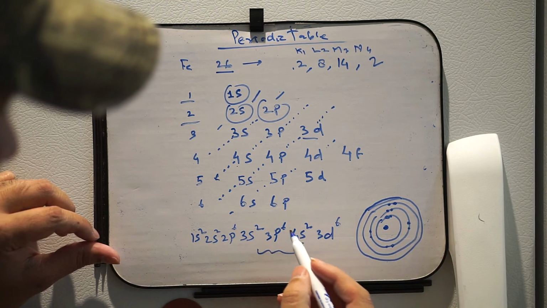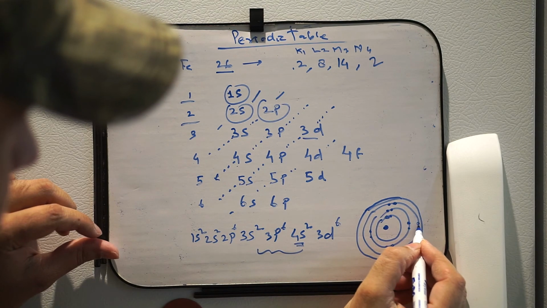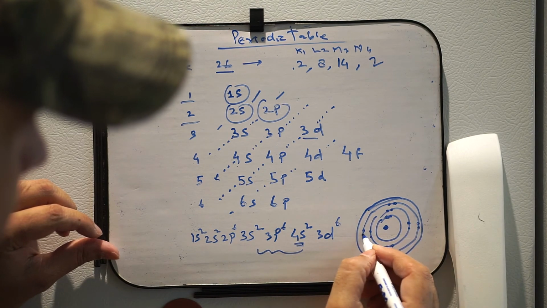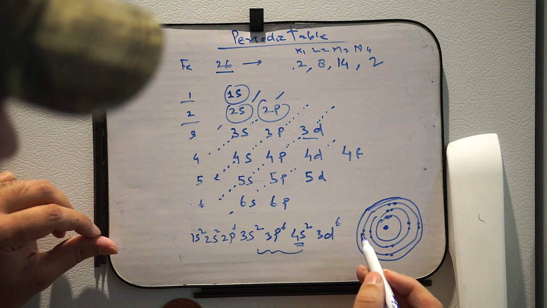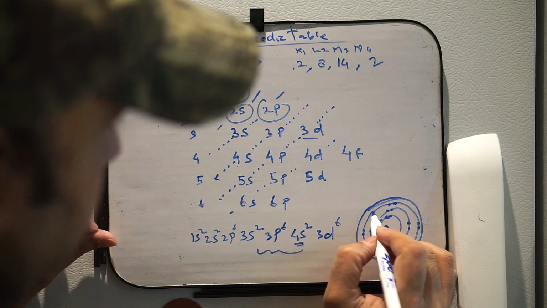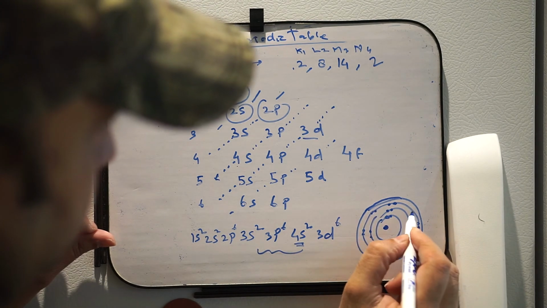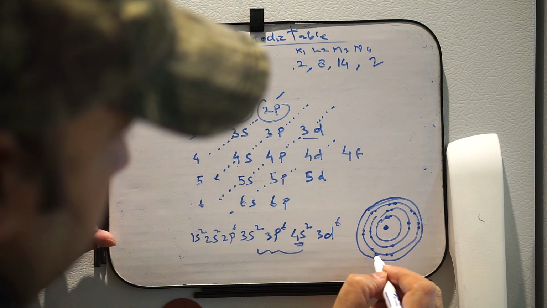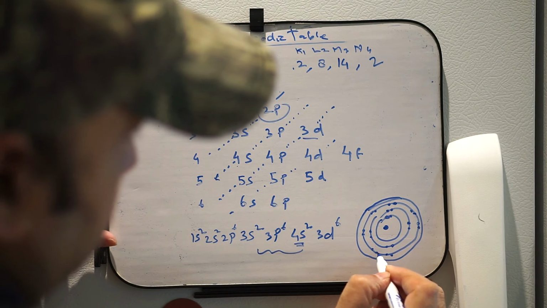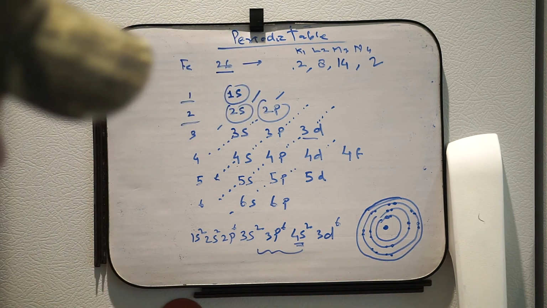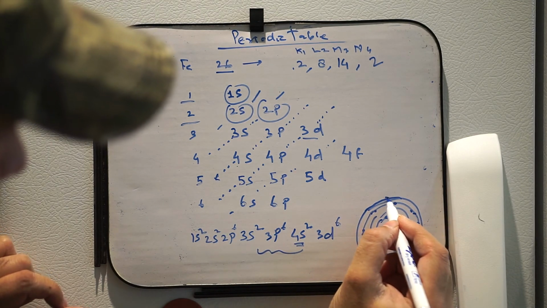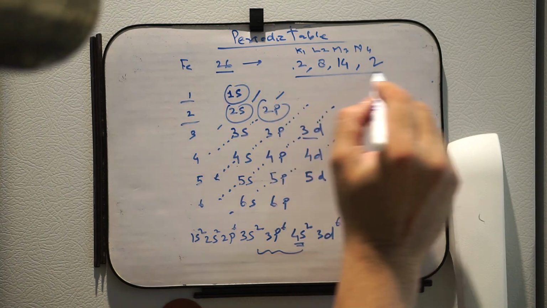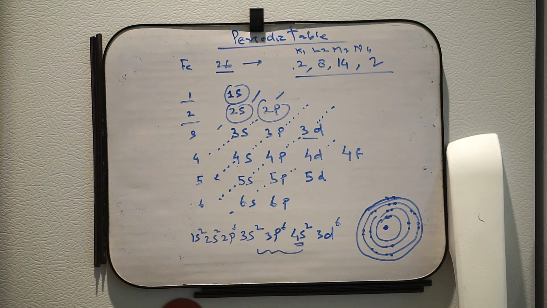Then we've got the p completely full, so these are the p electrons. Okay. Then you've got 3ds. So 3ds, something's going to be like this. 6 there, missing 2. And then the fourth layer of the atom, something like this. So this is the electron configuration of iron.